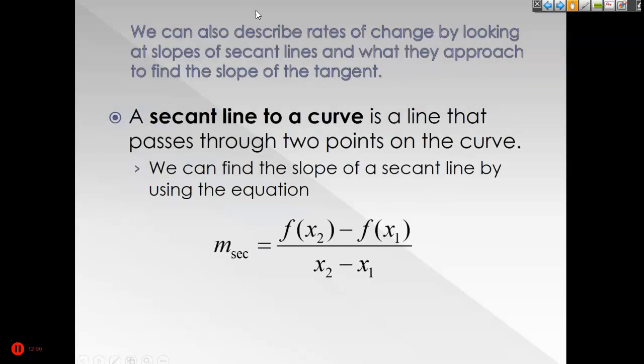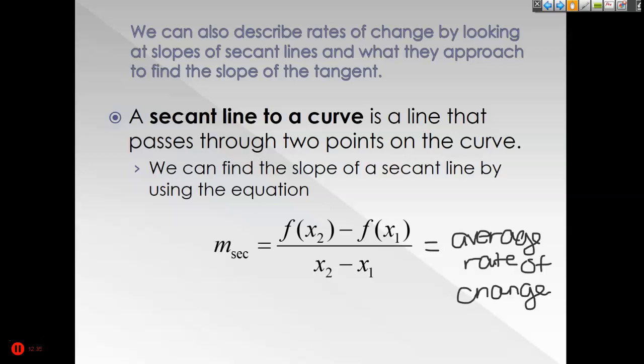We can also describe rates of change by looking at slopes of secant lines. That's what we did in our warm-ups. So we looked at the slope of several secant lines, trying to approximate the slope of the tangent line. So the slope of a secant line is f of x2 minus f of x1 over x2 minus x1. A secant line is the same as the average rate of change.